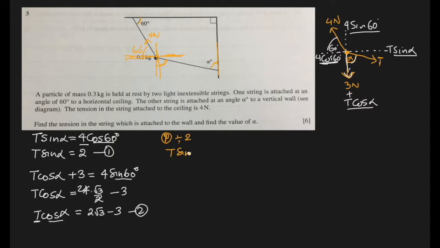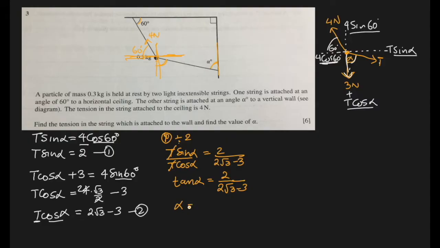T sin alpha on the left side, equal to 2, divided by T cos alpha on the left side, divided by 2 square root 3 minus 3. So the purpose is T and T cancel, and sine over cos, we know that it is tan alpha, it becomes 1 ratio. That's why we divide sine by cos, not cos by sine, because there is no cot in our calculators. So 2 over 2 square root 3 minus 3.